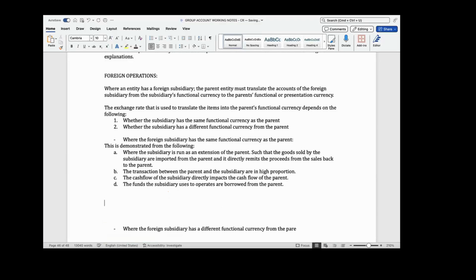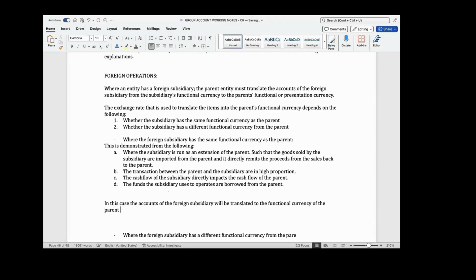But where I'm going is this. In the case where the foreign subsidiary has the same functional currency as the parent, the accounts of the foreign subsidiary will be translated to the functional currency of the parent in a similar way as that of a foreign currency transaction, as mentioned earlier.